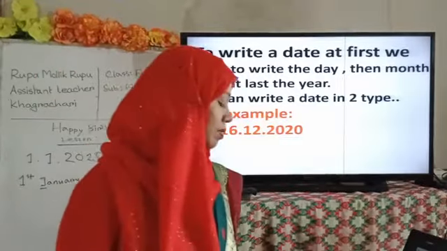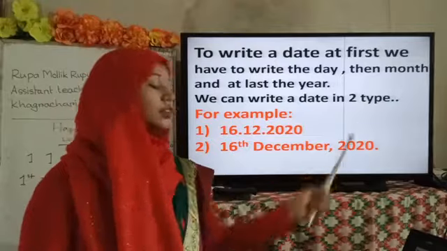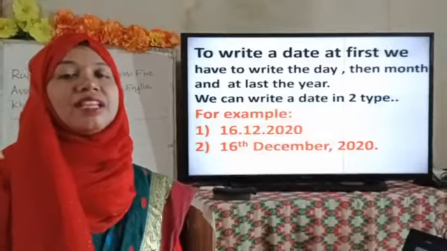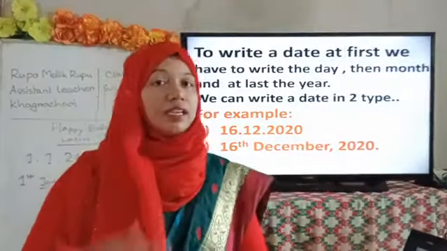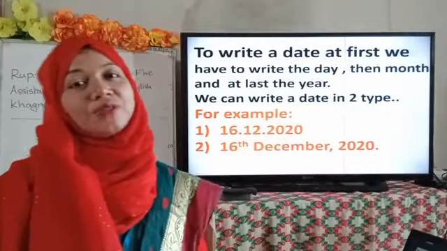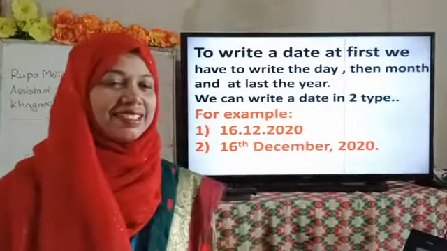Now the second type, we can write it as 16th December 2020. And we can read it here that today is 16 December 2020. This is the system to write the date in these two types, right?